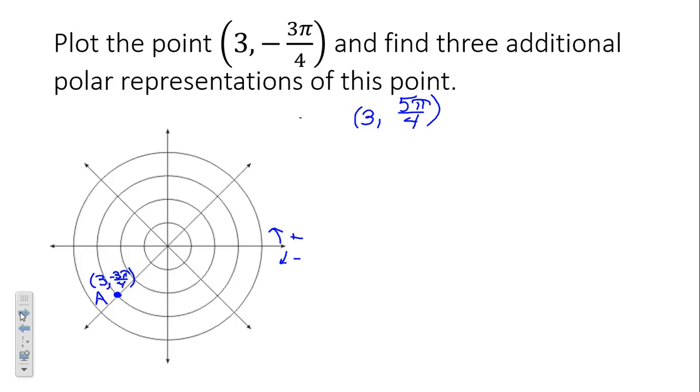What if I went pi over 4 up, but negative 3 back? Would that make sense? I'm going pi over 4 up, but not in the positive direction. I'm going back 1, 2, 3. Okay, this is equivalent to negative 3 pi over 4.